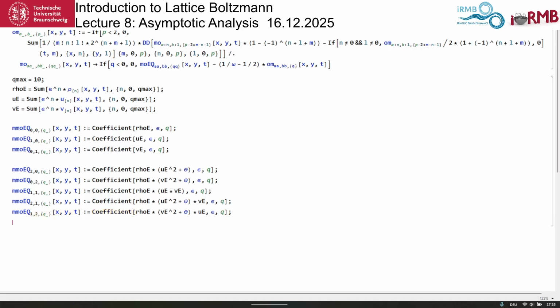And then we have the fourth order, that is VE to second order plus theta. Okay, now we have our moments defined.